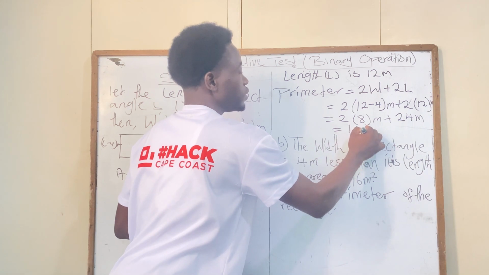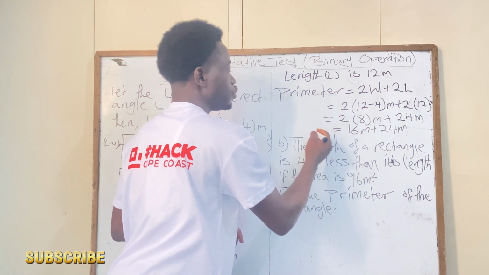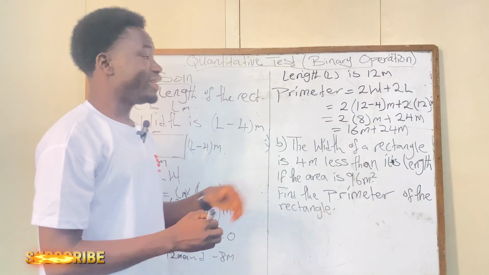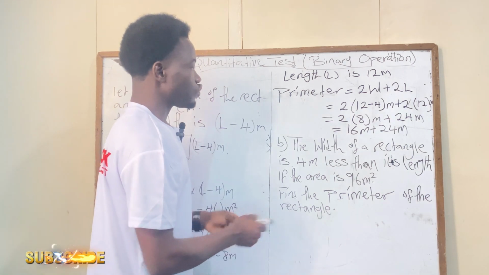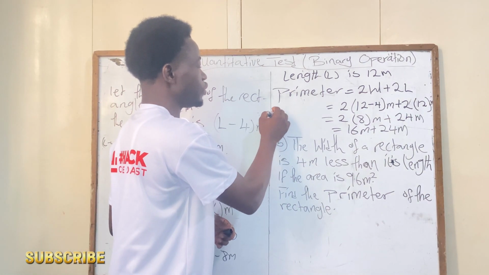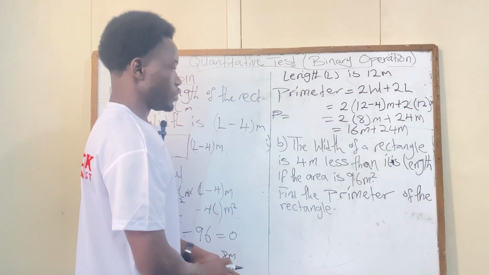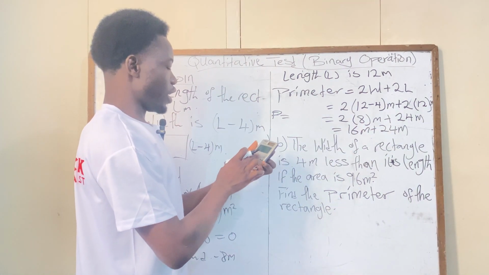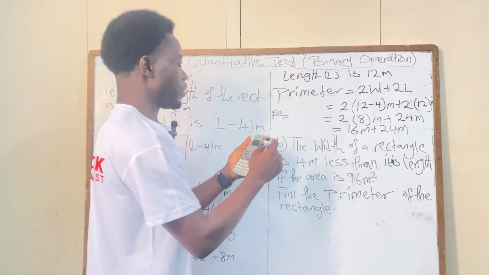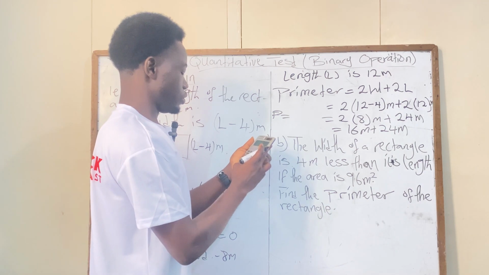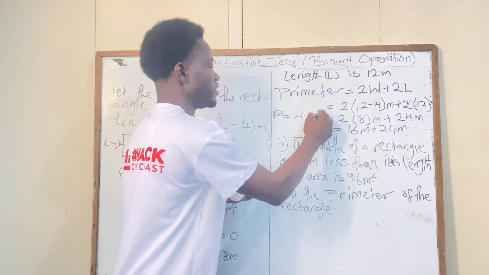So 16 meters plus 24 meters is equal to, so you can pick your calculator again and key inside, and you get your answer straight away. So this is equal to, that means P is equal to 16 plus 24, and that will give you 40 meters.